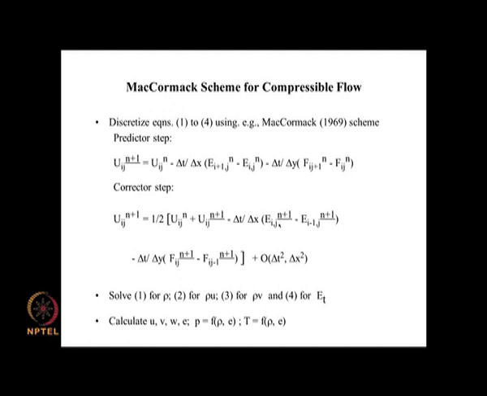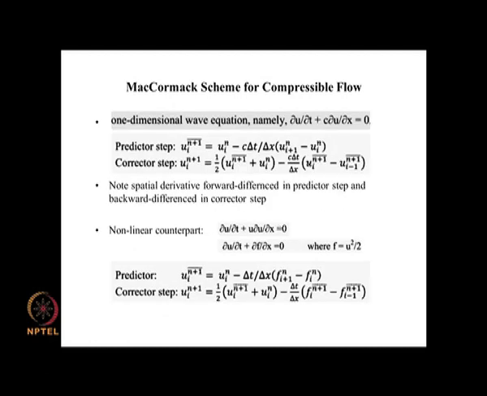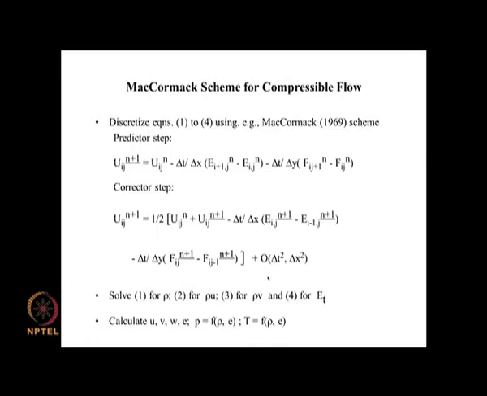So, this is again the same as what we had here, u_i minus u_(i-1) based on the n plus 1 values, or f_i^(n+1 bar) minus f_(i-1)^(n+1 bar). So, that is what we have here. The E and F are the fluxes, and the fluxes are being evaluated in backward differencing in the corrector step and forward differencing in the predictor step.